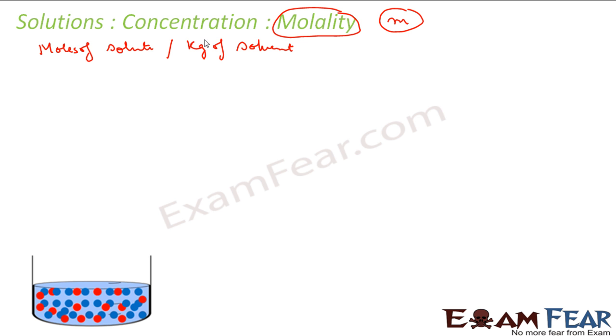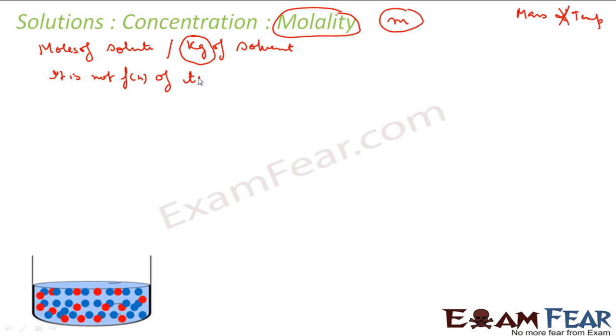First thing, why molality is better, because we are using kg, that is the mass of solvent. Since we are using mass of solvent, it will become temperature independent. So it will not be a function of temperature.